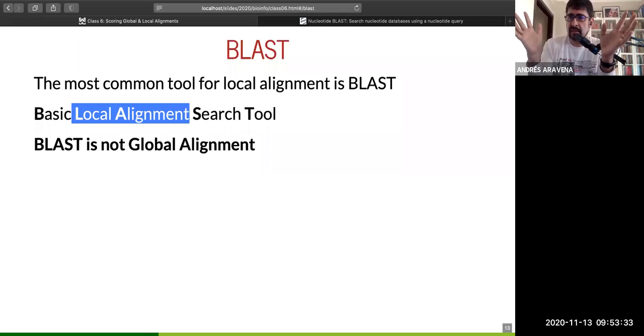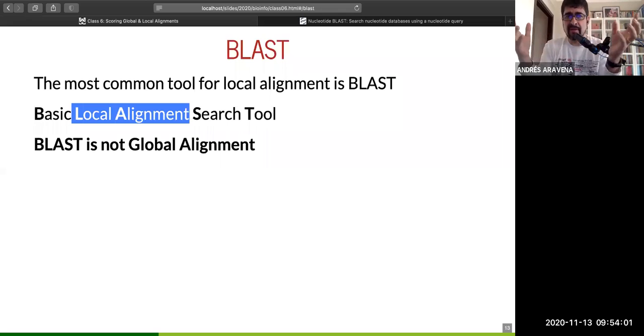We are kind of globally similar. But humans and, I don't know, octopus or fish have eyes, and maybe human eyes and fish eyes are similar. So BLAST will find that. BLAST will find that humans and fish have similar eyes, or similar bones, or something like that.